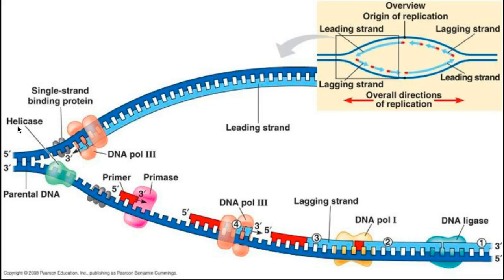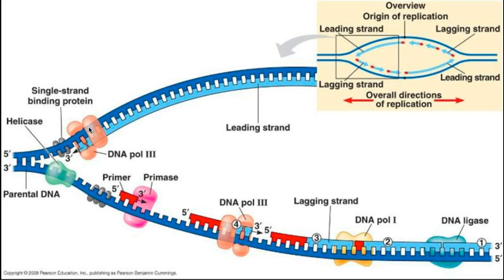However, DNA polymerase III can only work in one direction. It can only go from 5' to 3'. So the leading strand is the strand that is the opposite orientation of 5' to 3', and that is the 3' to 5' strand. So that's the leading strand, and DNA polymerase can add bases continuously on that strand without interruption.